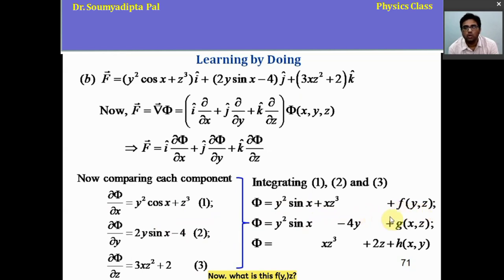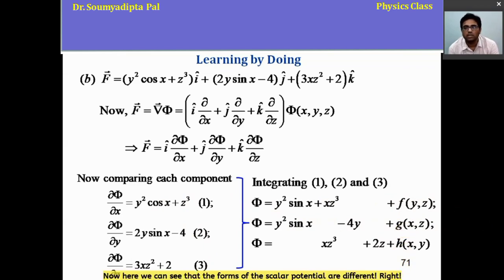Now what is this f(y,z)? This is a function of y and z. As the integration is with respect to x, and y and z are fixed, we will get an integration constant which will be a function of y and z. Now similarly for the others. Okay.